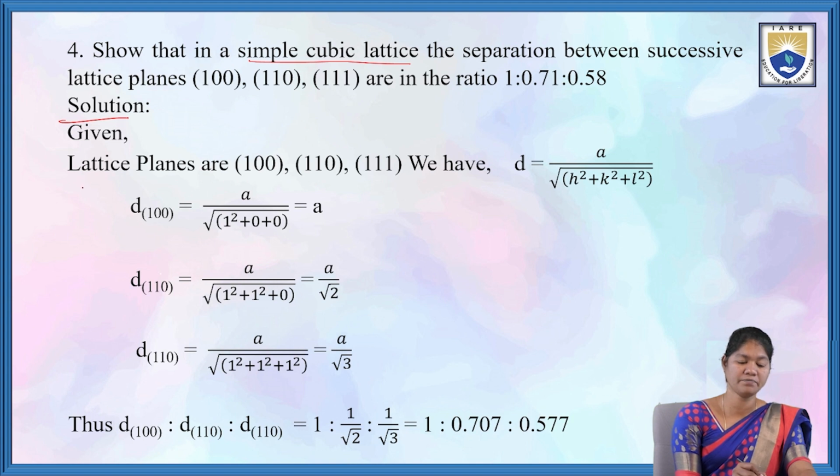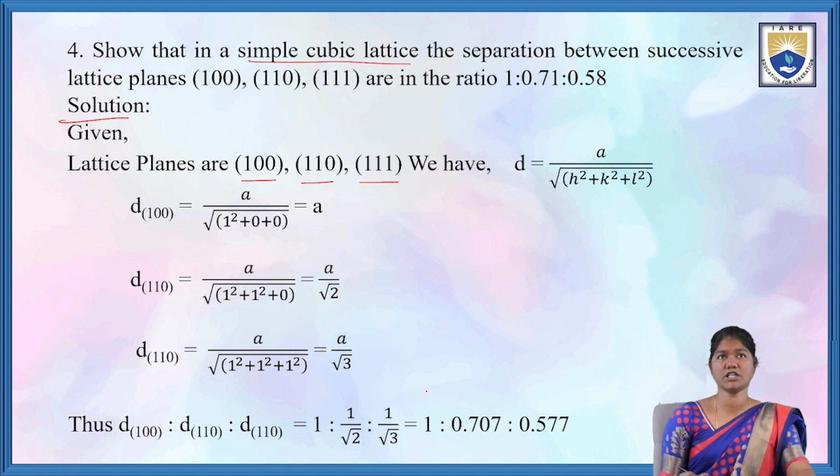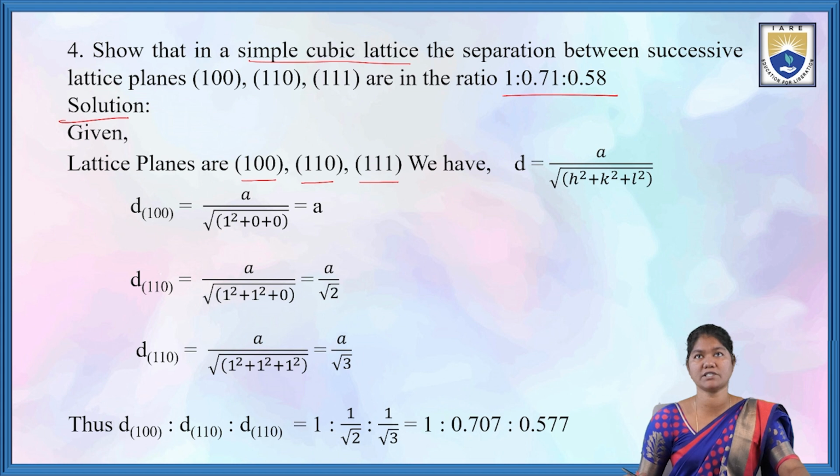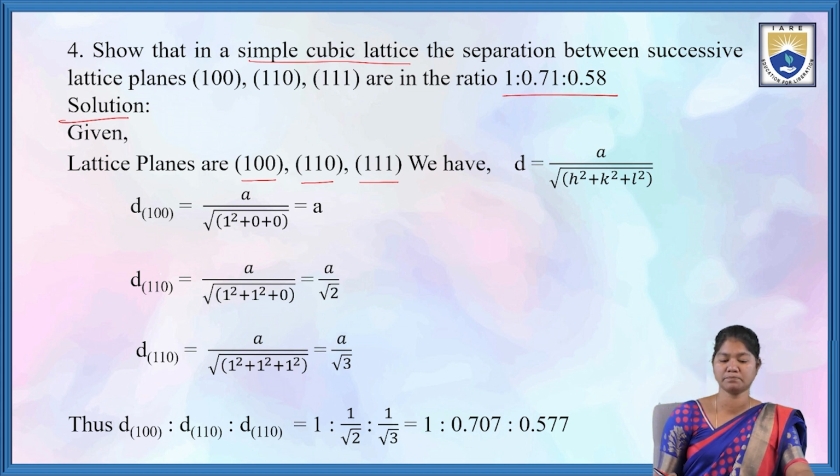The lattice planes given in this problem are 100, 110, 111. We need to show that in the simple cubic lattice the separation between successive planes is in the ratio 1 is to 0.71 is to 0.58.